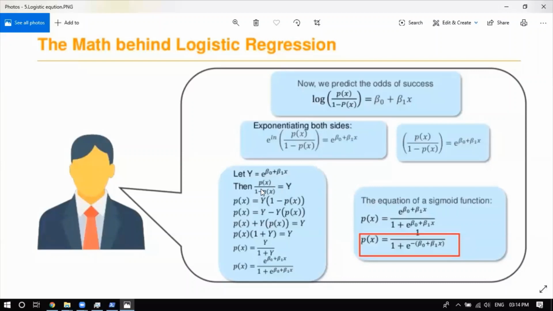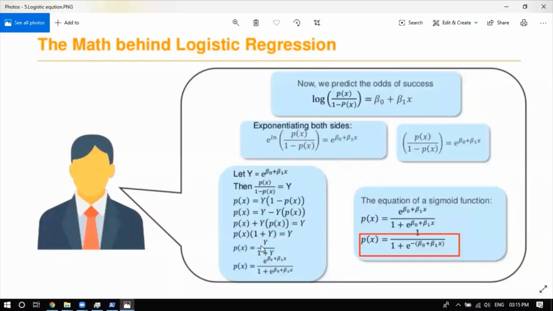Now we send this denominator to the right hand side and solve it a bit, so at last we get the probability of happening. As I said in the very first line, P of x is the probability of happening, and 1 minus P of x is the probability of it not happening.